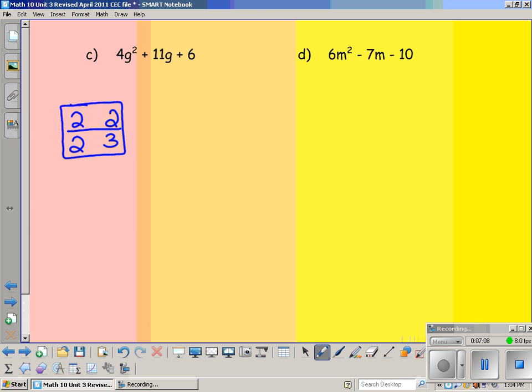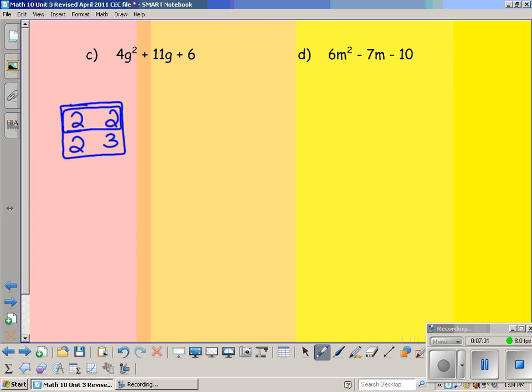It's because I have a 2 and a 2 in the same row. Having the same number or multiples of a number in the same row would tell me that there would be a greatest common factor that could come out. But if you look at the question, 4, 11, and 6, they do not have a common factor. So that will not work.